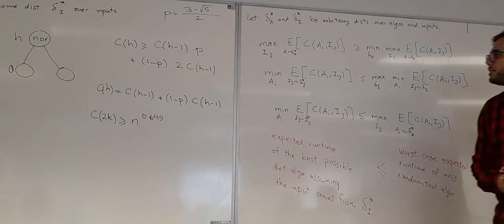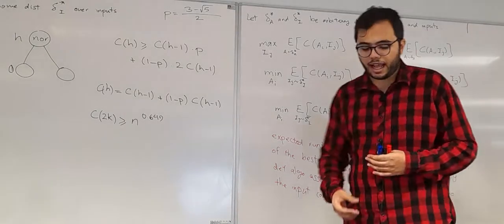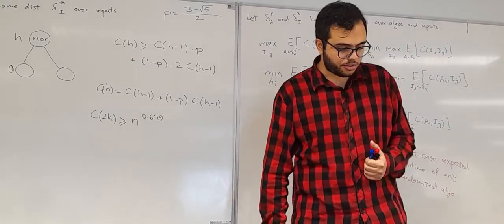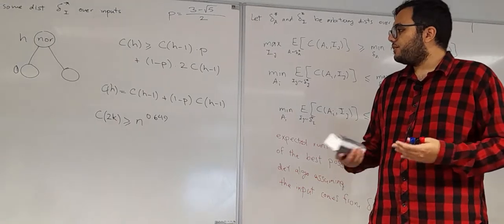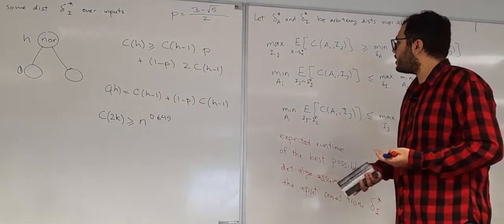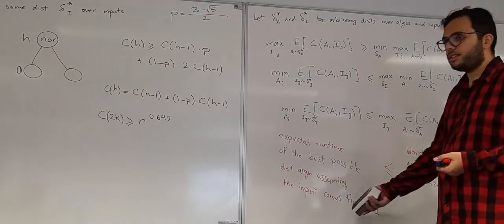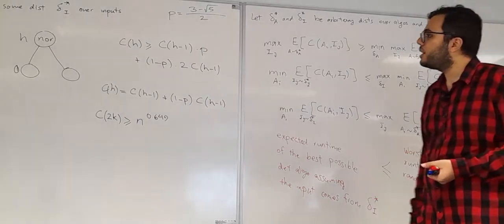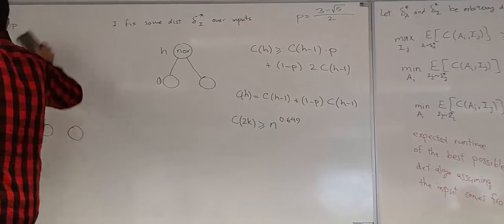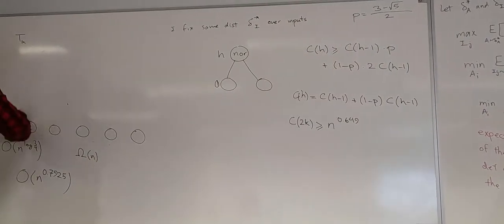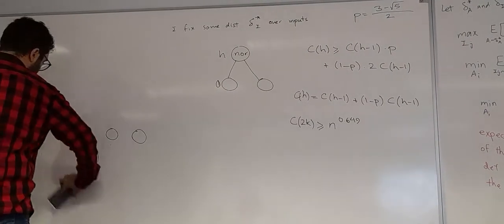Now I want to continue and go to another simple technique that we often use for analyzing randomized algorithms. So I'm just giving you more and more techniques. So one technique is this one, the game theoretic technique for finding a lower bound. But now I want to again go back to finding upper bounds. And I'm going to do this one with an example.